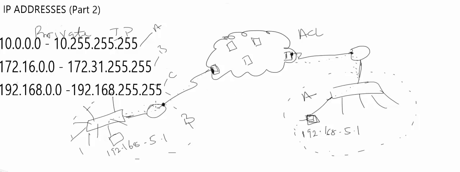So as the data is reaching here, it is automatically translated as if it's coming from the public IP address. Let's say it's 3.3.3.3. I'm just choosing an IP address. So once it's going out this interface, it will look as if it's coming from a source IP address of 3.3.3.3.